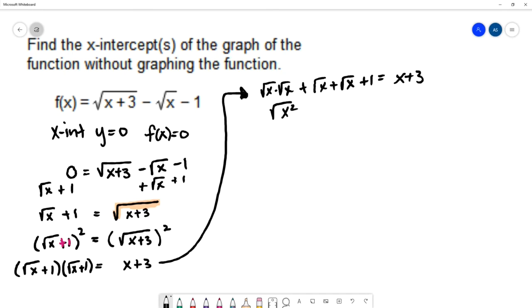Square root x plus square root x is 2 square root x, plus 1 equals x plus 3. So on this right here, this is a 1 and this is a 1. 1 plus 1 gives us a 2. Square root of x squared is x. The square root and the square cancel.